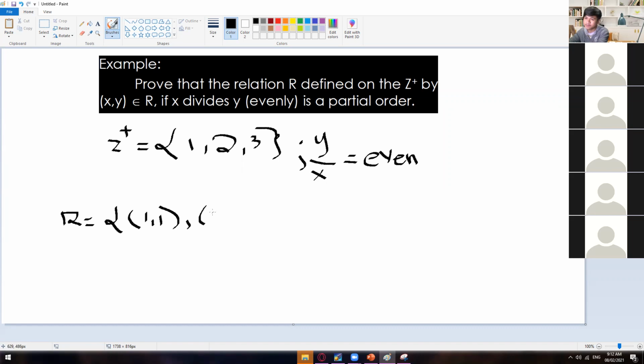Is this part of the relation? Yes, because again, just follow this condition. So we have 2 divided by 1, which is equal to an even result, which is 2. Okay. How about (1, 3)? Yes.